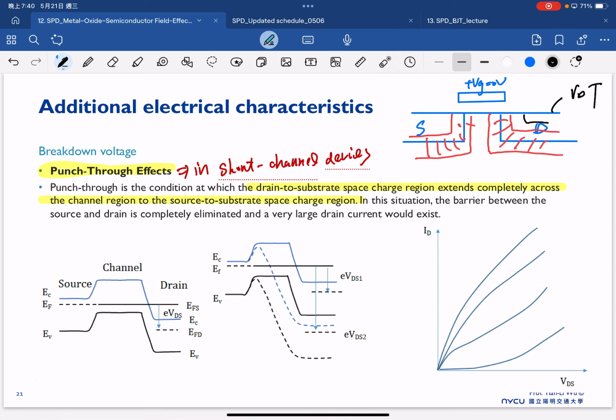So this one will extend, and this one will extend. So now we have a larger depletion width. But the issue is that you can see a certain depletion width starts to reach the source side space charge region.